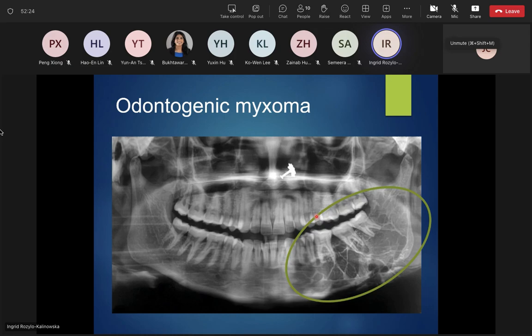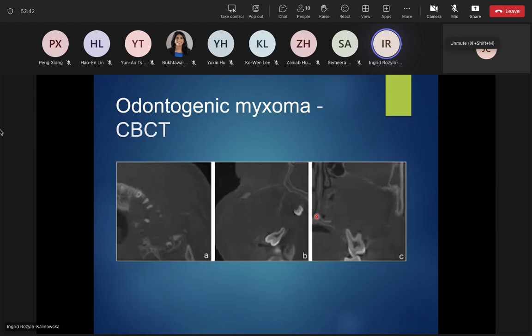Now here is another odontogenic myxoma, so in this case you can definitely appreciate the septa that are straight and they cross at more or less straight angles in many cases. There's odontogenic myxoma in bone window in CT, which is very much like cone beam CT.